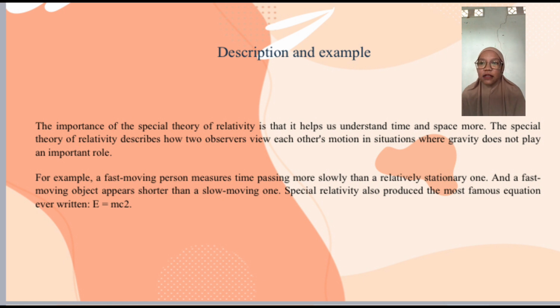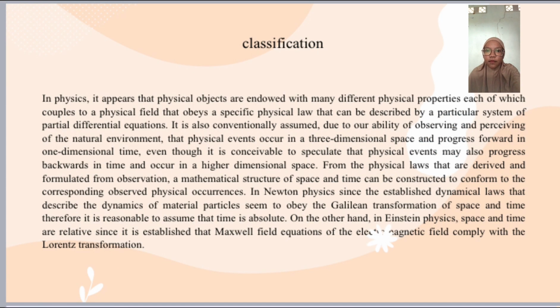For example, a fast-moving person measures time passing more slowly than a relatively stationary one, and a fast-moving object appears shorter than a slow-moving one. Special relativity also produces the most famous equations ever written. The fifth slide is classification.